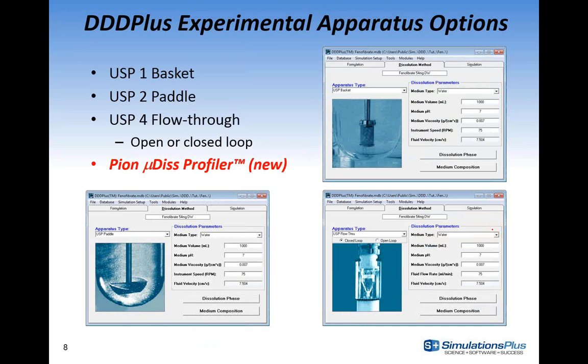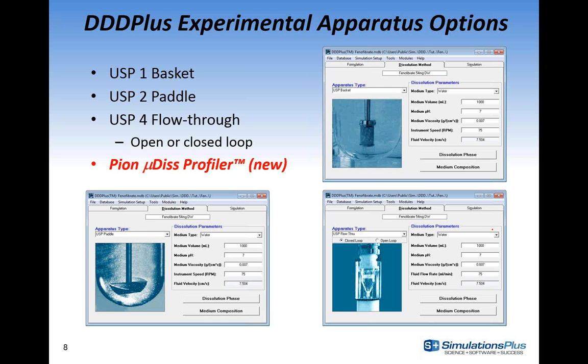The DDDPlus experimental apparatus options are obviously the USP1 basket and USP2 paddle, which are the workhorse of many dissolution experiments and dissolution testing. But we also offer the flow through USP4 in open or closed loop mode.